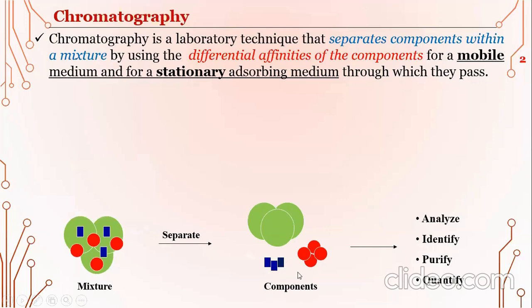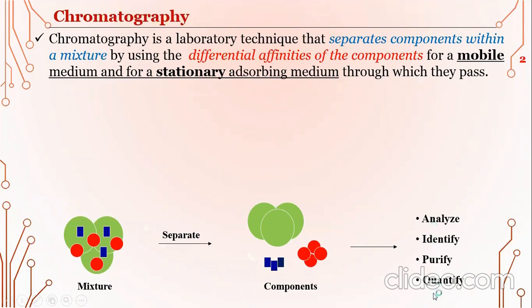So these are 2 or 3 objectives for separating the components. And for this separation, we will be using chromatography, based on the differential affinities of these components. These components will have differential affinities for the stationary medium, and will adsorb on that medium, and through that they can be separated from one another.